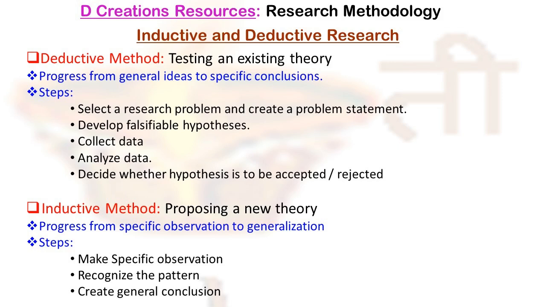So, in inductive research, you are going from specific to general. You are developing a general theory, while in deductive research, you are going from general to specific. So, you already have a theory, and then you are taking into account some specific statements, and you are checking whether they are true, right?